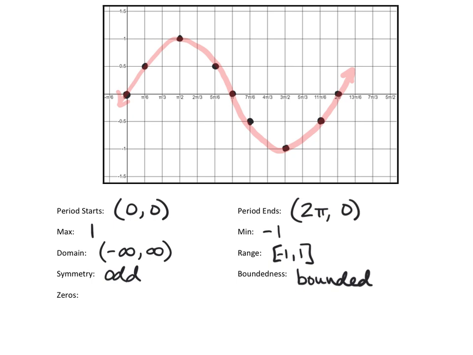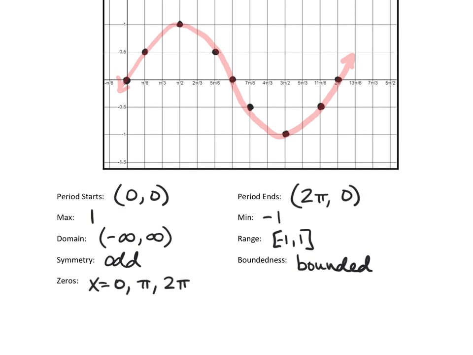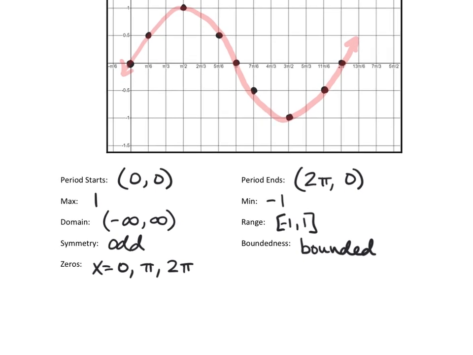And then we're going to list out some of the zeros. The zeros that I currently see, remember zeros are x-intercepts, are at the values 0, pi, and 2 pi. But if I were to keep this pattern going, because it doesn't just stop at 2 pi, it's going to continually wave back and forth, right? So we can write what's called a general formula for the zeros, by taking the first zero that you found, which was 0, and adding the distance it takes to get from 0 to 0.